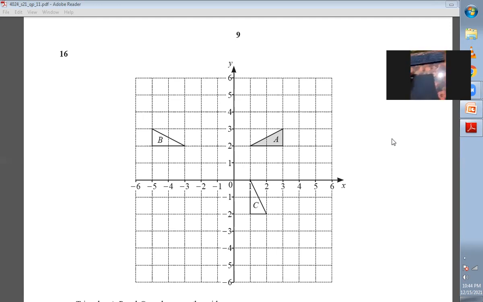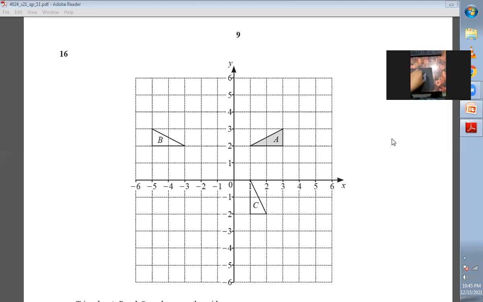Now it will be more visible. Can you see that? Okay, let's say this is representing triangle A. You can see the orientation of the set square and triangle A are the same.